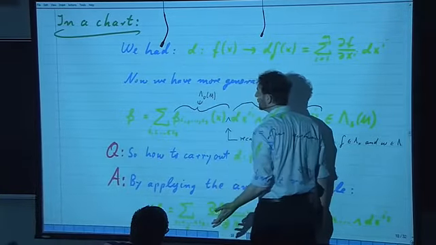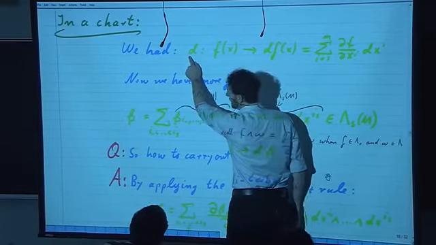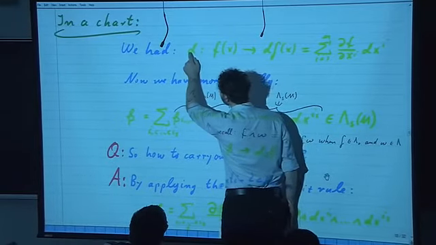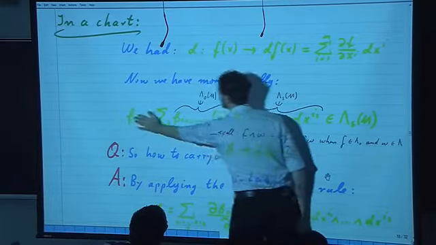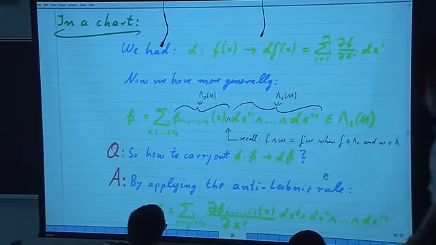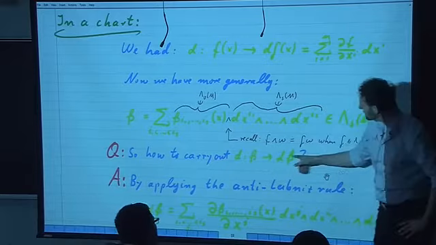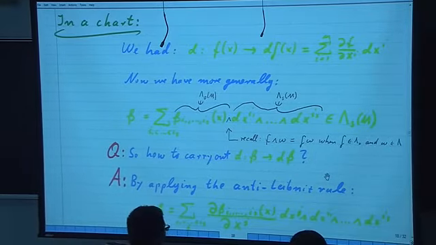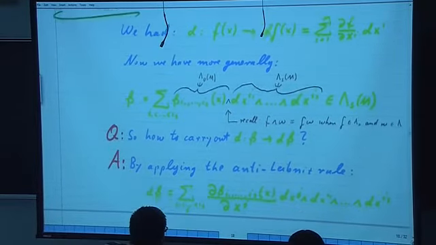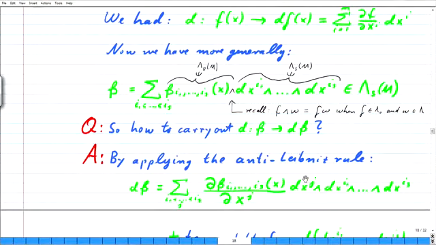And we want to find out what D does to it. How does that derivation differentiate the beta? What does it do? D is going to map beta into D beta, but what is it? Well, we can simply use the Leibniz rule. In fact, it's an anti-Leibniz rule, remember? The D is an anti-derivation of degree +1.